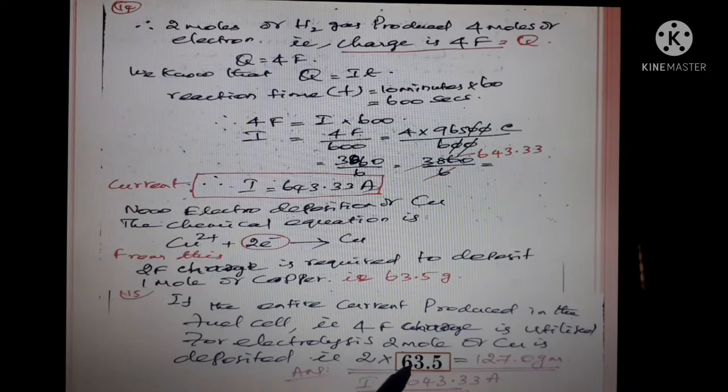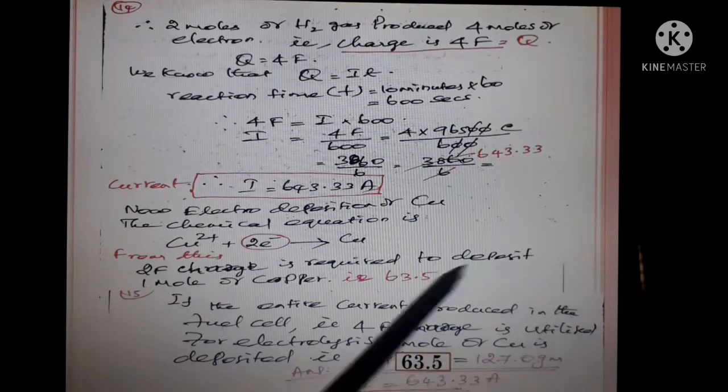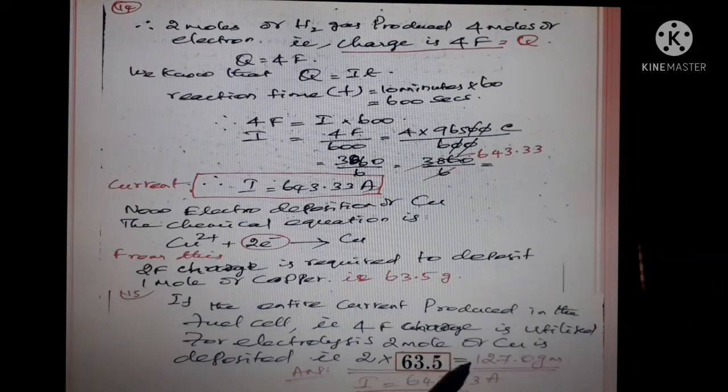So 2 into 63.5 is equal to 127 gram deposited. This is the final answer for this question: 127 gram of copper deposited. We already know that I is equal to 643.33 ampere. This is the conclusion.